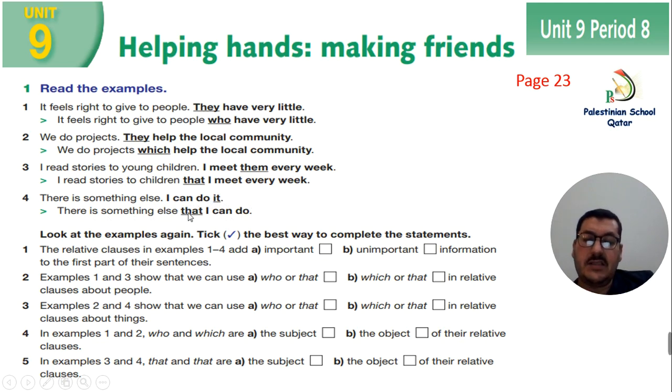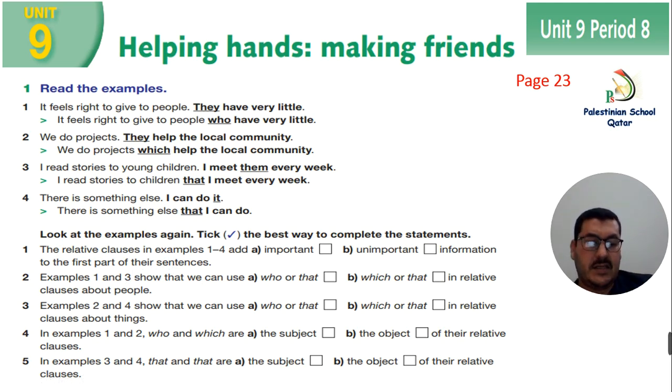Now let us look at the example again and take the best way to complete the statements. Number 1, the relative clauses in examples 1 to 4 add what? Important or unimportant information to the first part of their sentences.